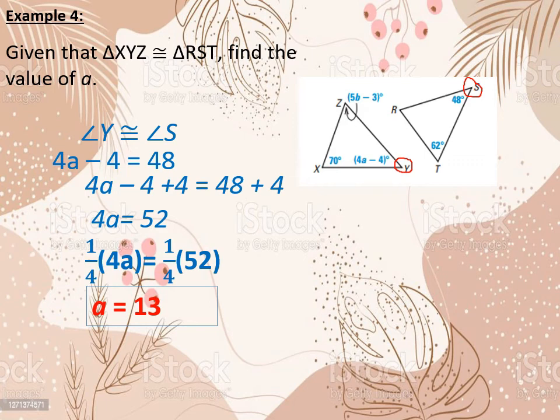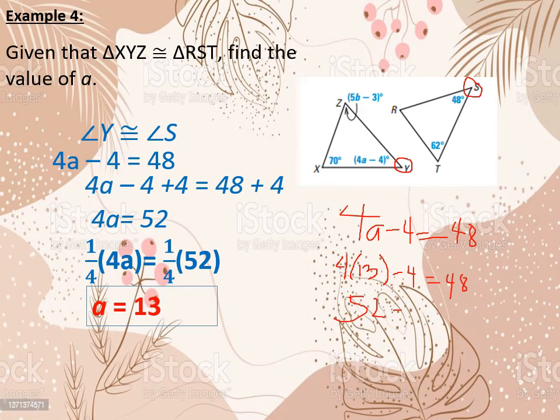Now, let us check if the value of A is 13. So, 4A minus 4 is equal to 48. Let us substitute the value of A, which is 13. So, 4 times 13 minus 4 is equal to 48. 4 times 13, we have 52.